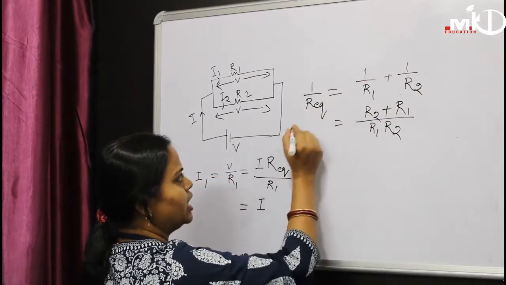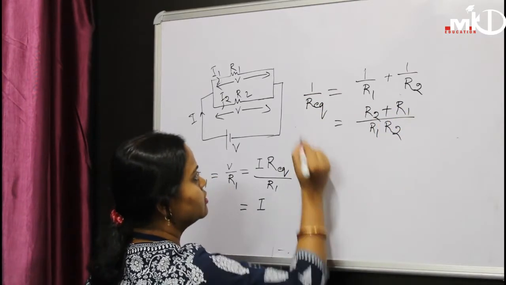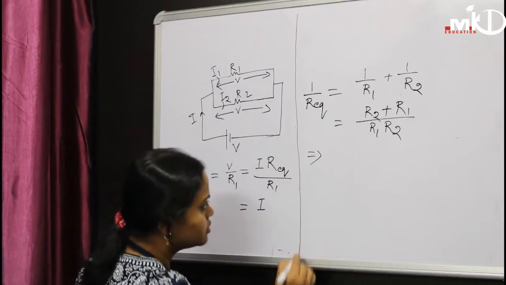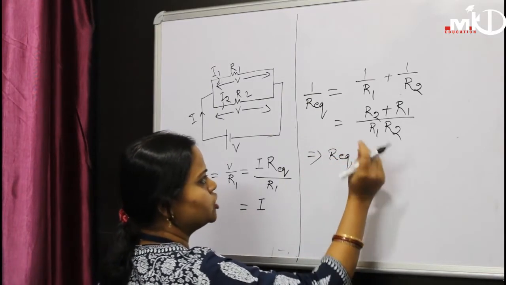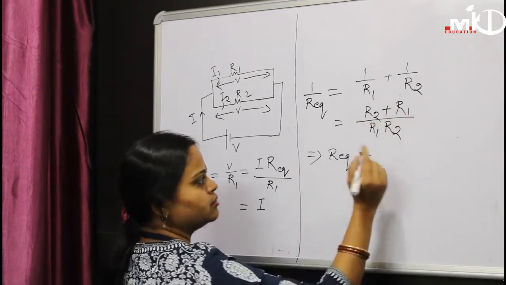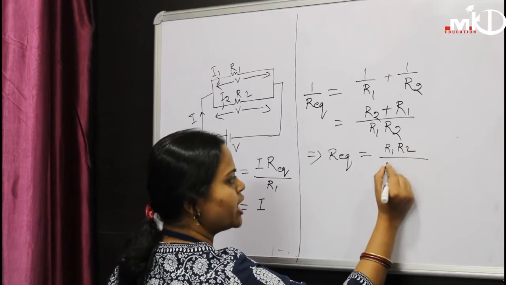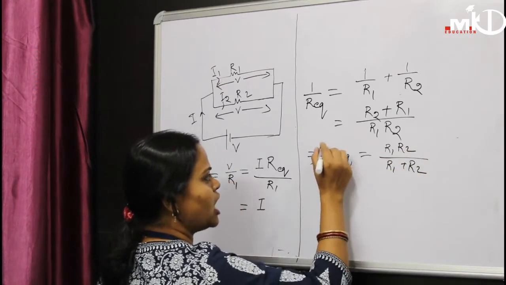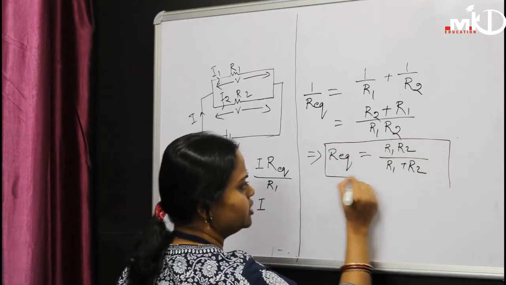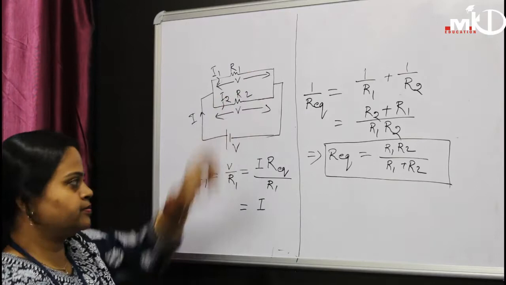So 1 by R equivalent is equal to this much. But we need R equivalent. So it should be this by that, meaning R1 R2 divided by R1 plus R2. This is the R equivalent in a parallel circuit where we have two resistances in parallel.